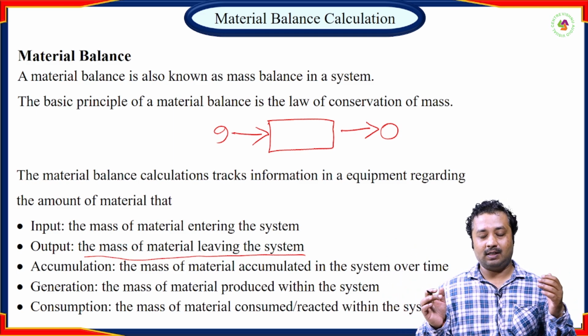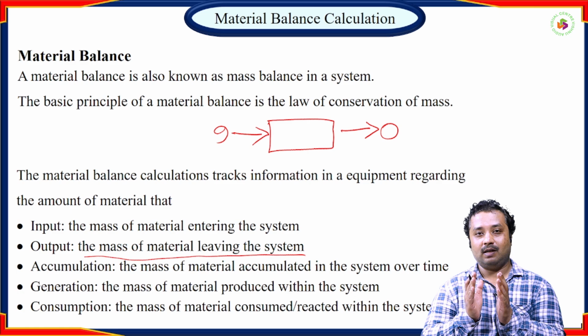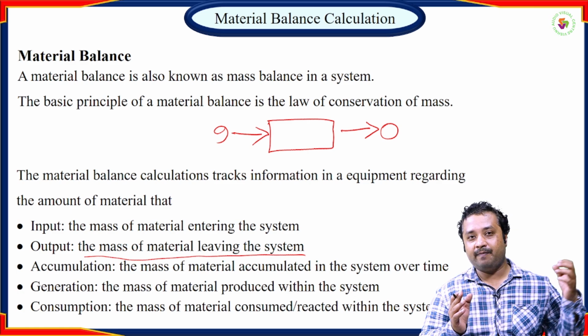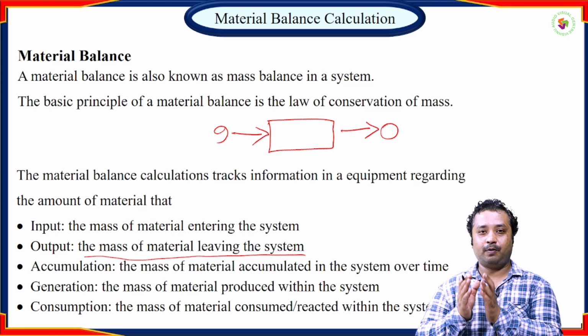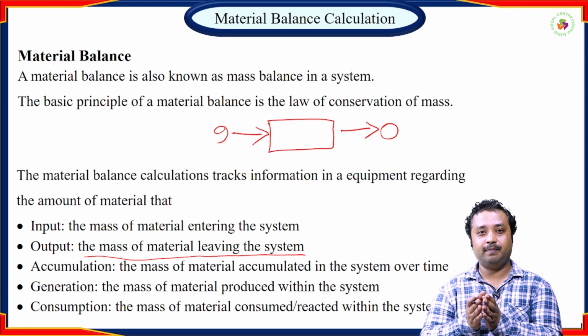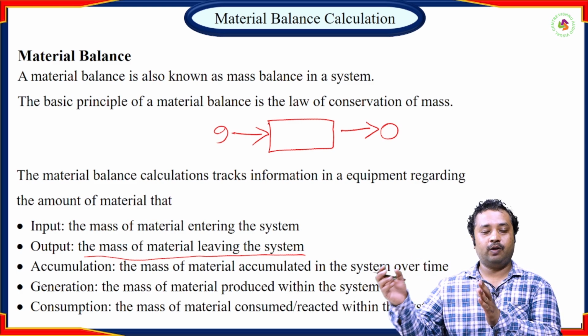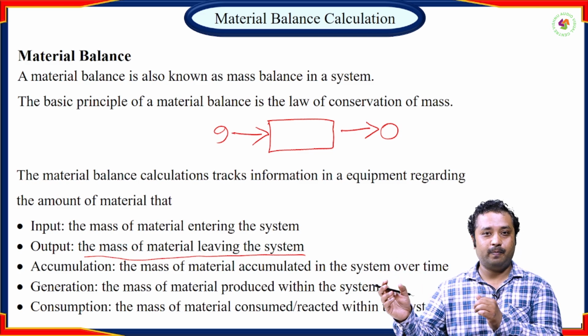So now we understand in a system we will have the mass input, and after processing, the product or the unreacted or unprocessed material, whatever goes out, is called output material.